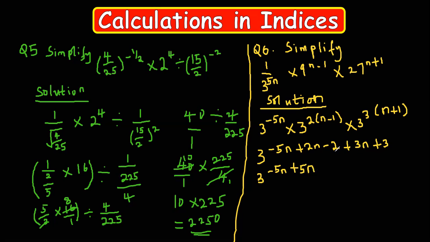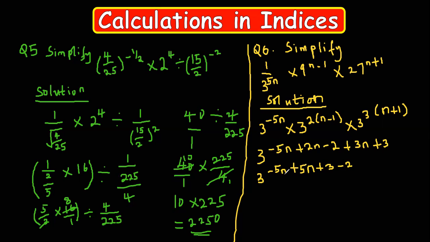And then we have minus 2 plus 3. What are we going to have? So let's just say we have plus 3 minus 2, something like this.